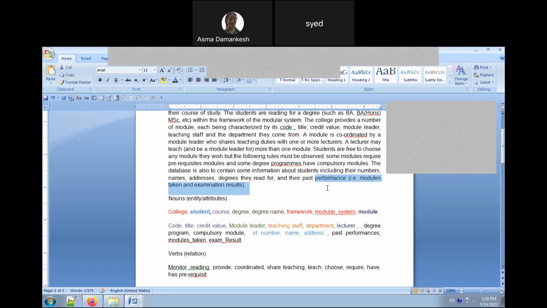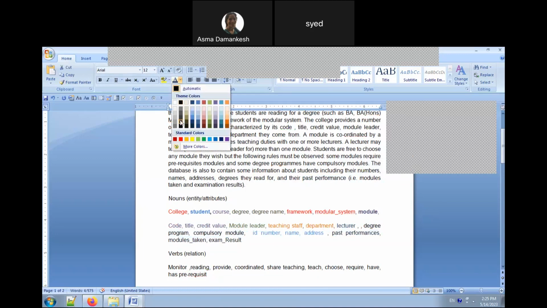These two are explanation of the past performance, no? The past performance belongs to one of the modules and it has examination result. Okay? If you want, we'll keep it as an attribute and I'll show you why it does not fit there. Okay? So let's put that as a part of that. Modules taken. Is that anything? Modules taken and exam results would both be attributes of past performance. Now you get it, okay?